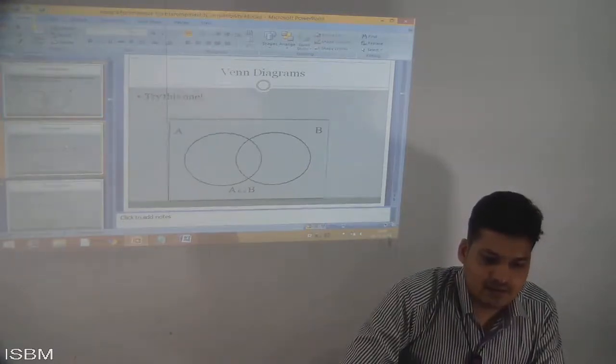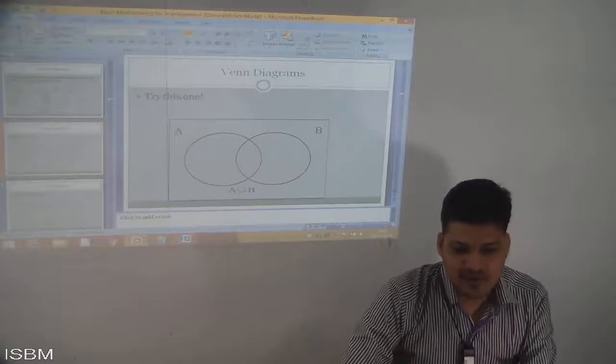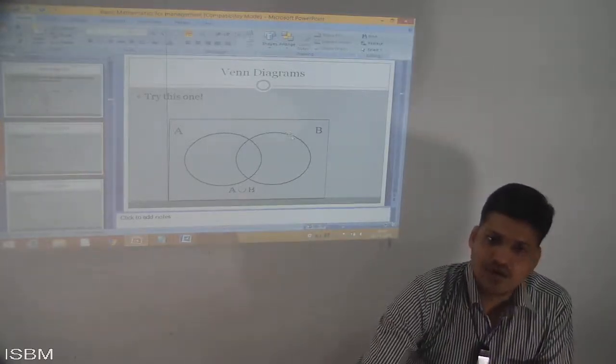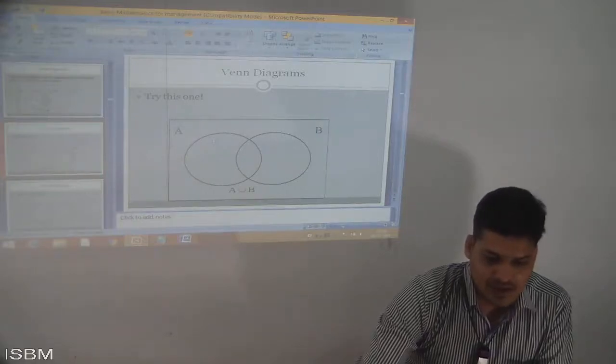Again, in the Venn diagram, let us try A union B. In A union B, all the values which belong to A as well as to B will come. So we can denote it like this.